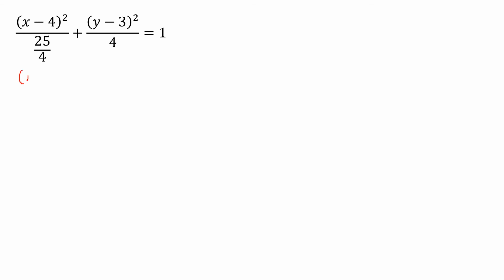This can also be written as x minus 4 squared all over 5 halves squared plus y minus 3 squared all over 2 equals 1.